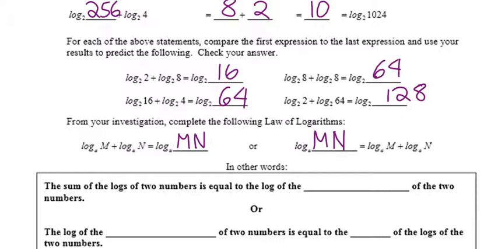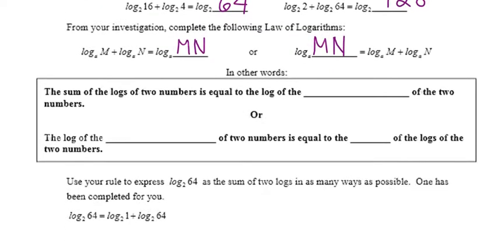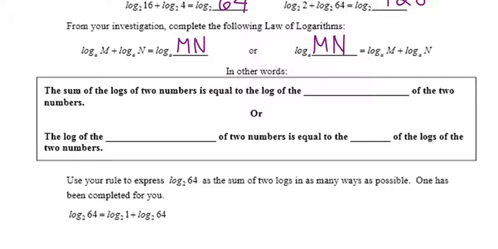So we can state that in two different ways, right? And that's what we're going to do. The sum of the logs of two numbers, right? That's what we first investigated. We found the logs of two different numbers. We added them together, which is equal to the log of the, what goes in here? What do you call that?